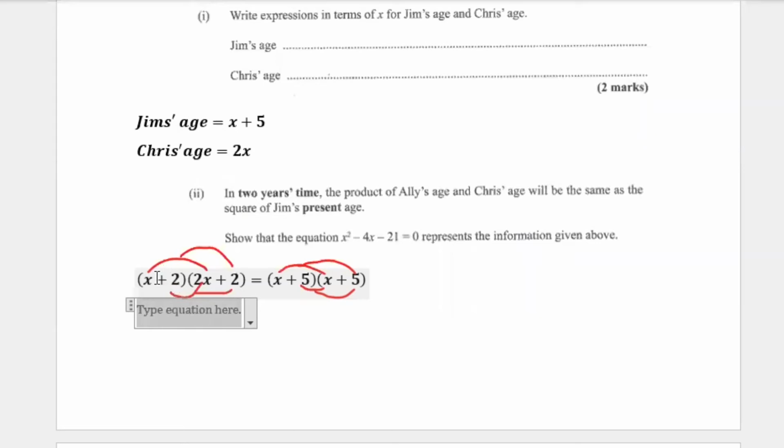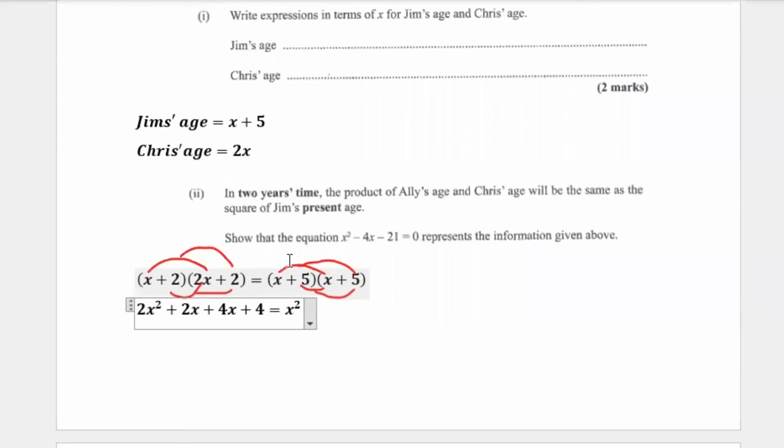So what we'll have is x times 2x, that will give us 2x squared, and then x times 2, that will give us plus 2x. And then 2 times 2x, that will give us plus 4x. And then 2 times 2, that will give us 4, is equal to, we now have x times x, that will give us x squared.